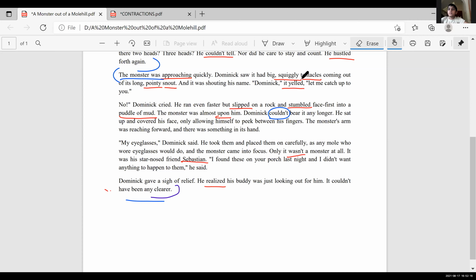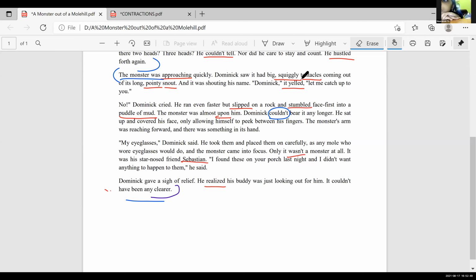"My eyeglasses," Dominic said. He took them and placed them on carefully, as any mole who wore eyeglasses would do.